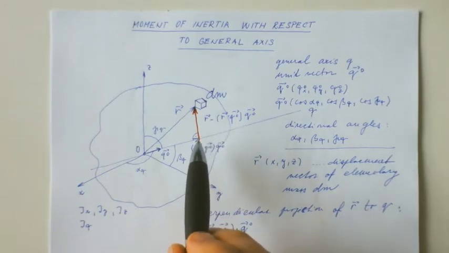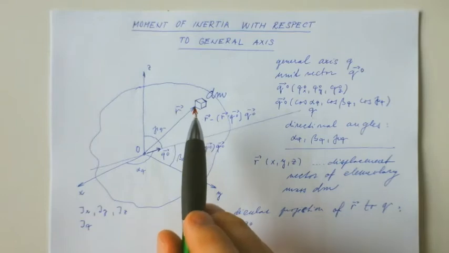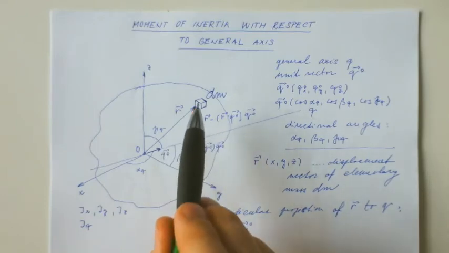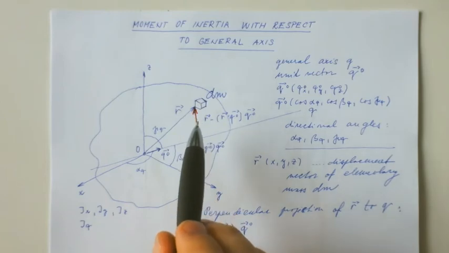So we found a vector which is perpendicular to the q-axis and points to the elementary mass.